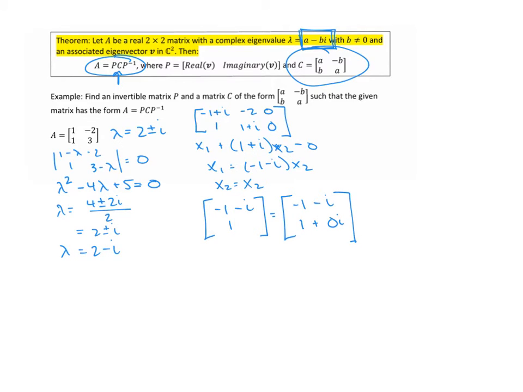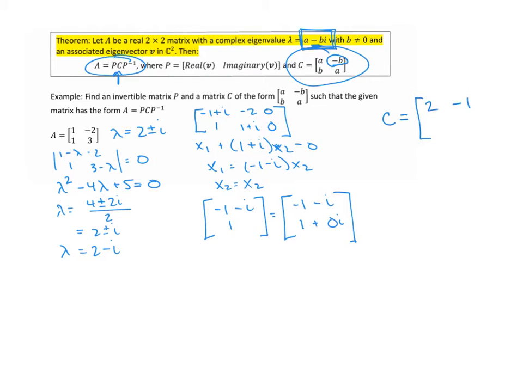So when we look at this general form, C is A, minus B, B, A, and we found that lambda is A minus Bi, 2 minus i. That's going to give us our matrix C: A, which is 2, minus B, which is negative 1. When we look at the eigenvalue A minus Bi, whatever the coefficient is going to fill in this spot here.